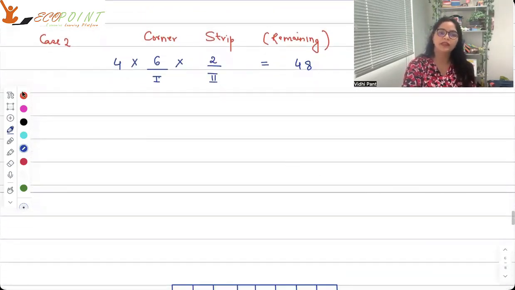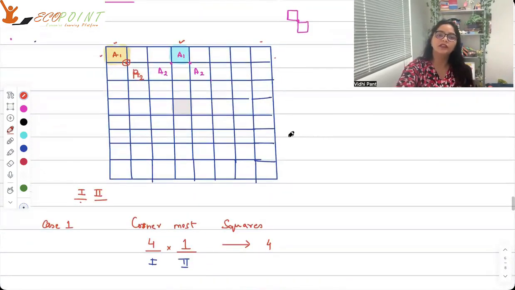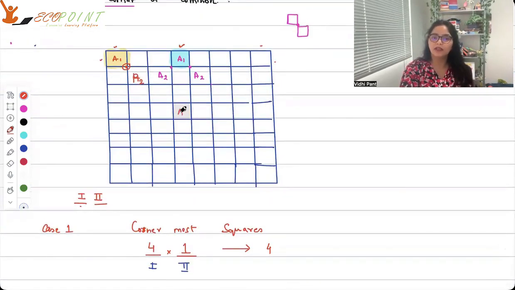Now, case 3, going by the distinction that I have given you: the interior squares. That is, my first square is one of the interior squares. If this is your first square, which can be your second?